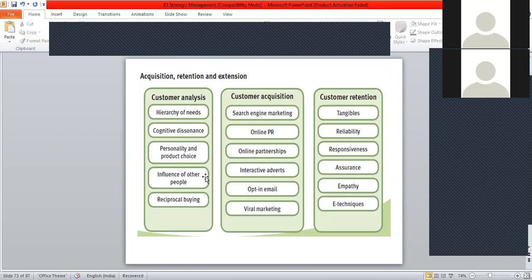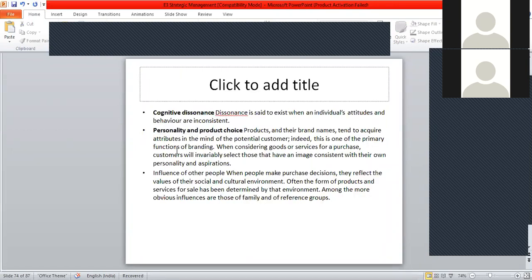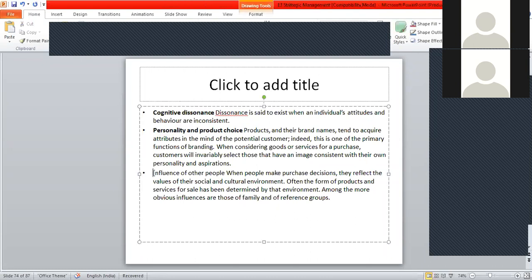influence of other people, where others also influence when they have to make a purchase. When people make purchase decisions, they reflect the values of the social and cultural environment. Often, the form of products and services for sale have been determined by that environment. So, others influence.